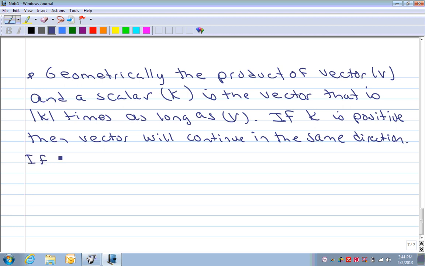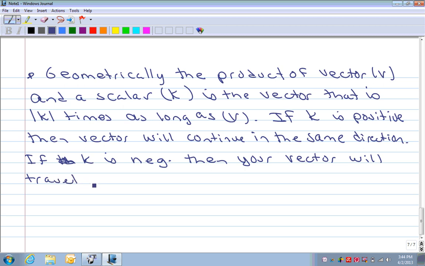However, if k is negative, so if the scalar is negative, you're multiplying by a negative number, then your vector will travel... And you know what?